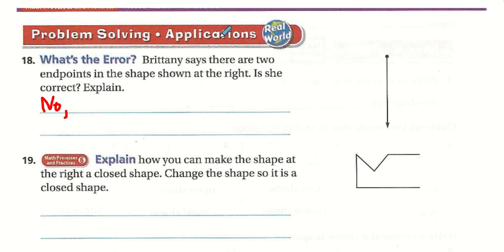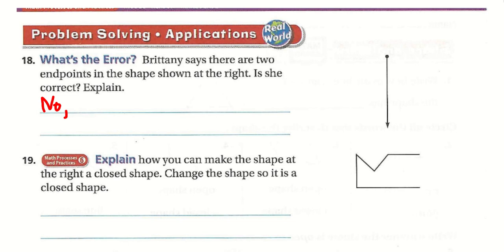And if we think about this, we have to work on knowing our math vocab, so we need to know what this is called. A straight path that continues on in one direction forever and has 1 endpoint is called a ray. So we would need to show that it is not a line segment that Brittany was talking about. 2 endpoints is a line segment. This one is actually a ray.